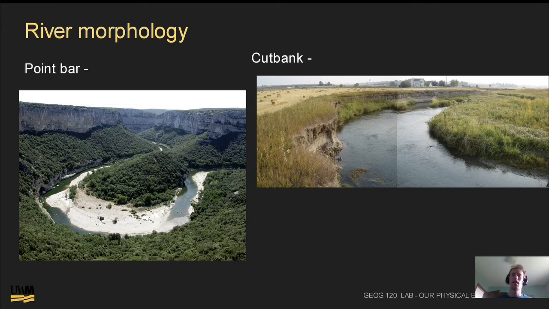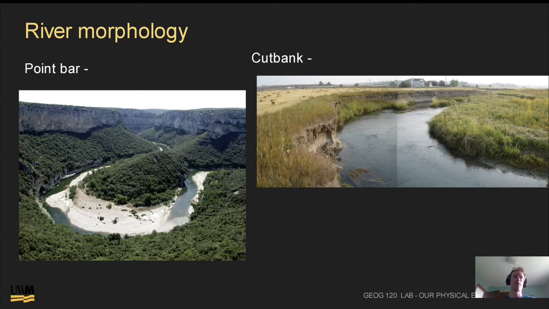And the traditional fluvial geomorphology features that you need to remember are going to be point bars and cut banks. Basically, a point bar is the deposition that occurs on the inside curve of that serpentine shape of a stream. On the inside curve, the water is going a little bit slower, so some of that suspended material gets deposited.